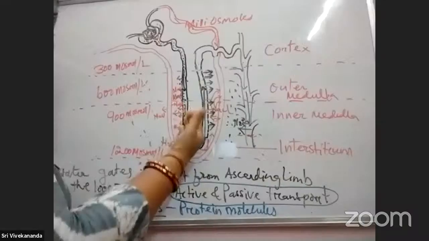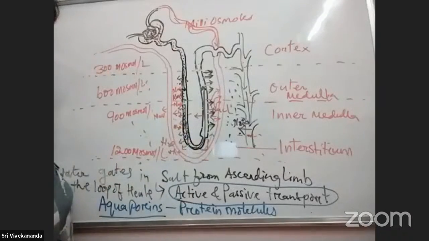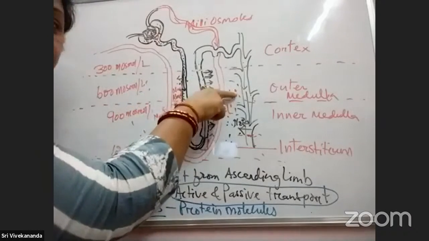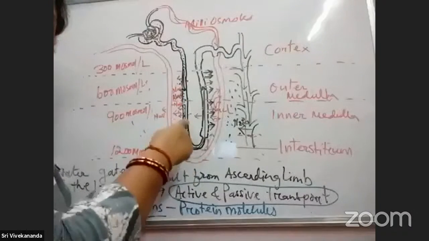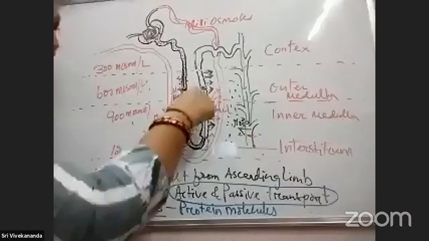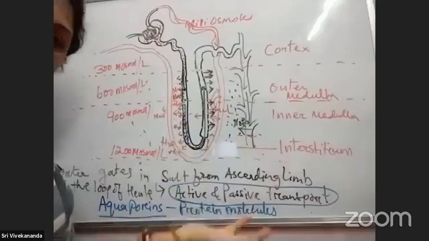It cannot come out, but it can enter the filtrate. So some amount of salt enters the descending limb also. Some move through this interstitium this side. The one which enters here will be released here again, so there is a cycle of sodium chloride also.